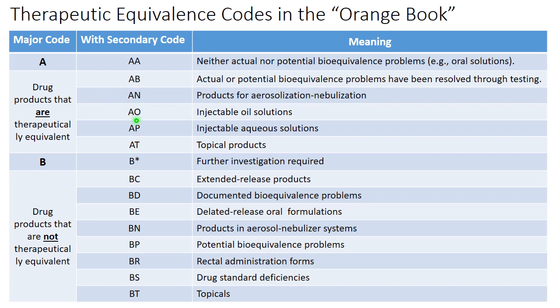So AN. AO, injectable oil solutions. So always look at the O and connect that to the oil. AP, injectable aqueous solutions. It's a little possibly confusing to memorize all these this way, but P, parenteral, but it's parenteral and aqueous.